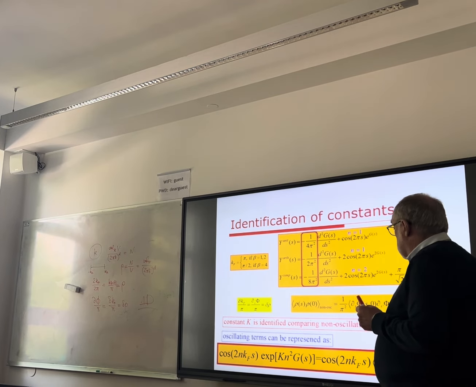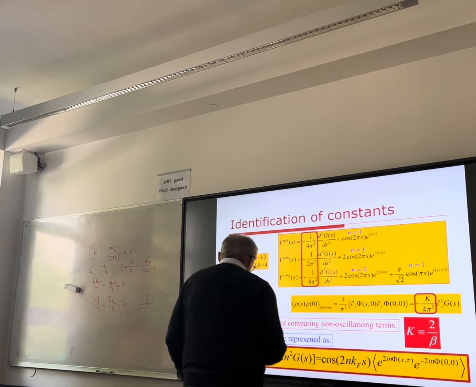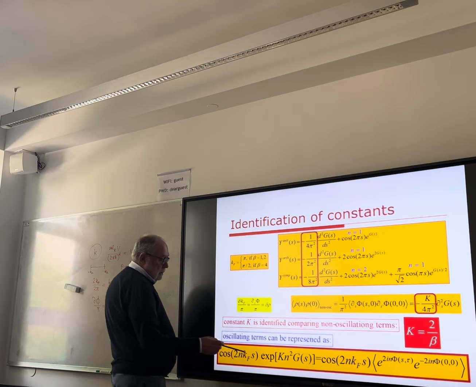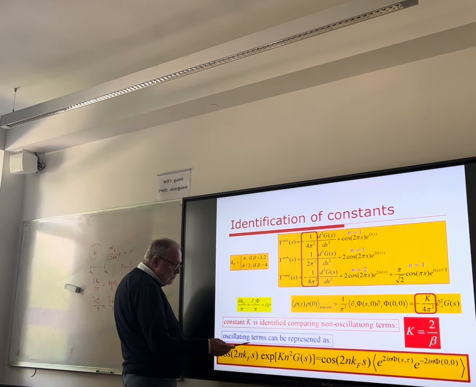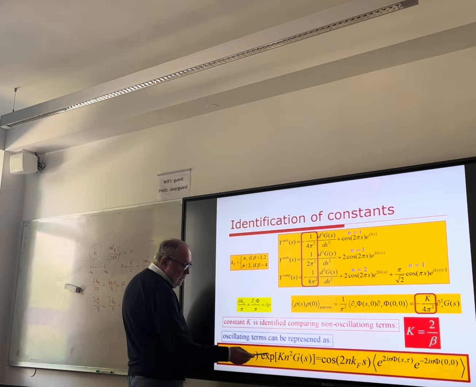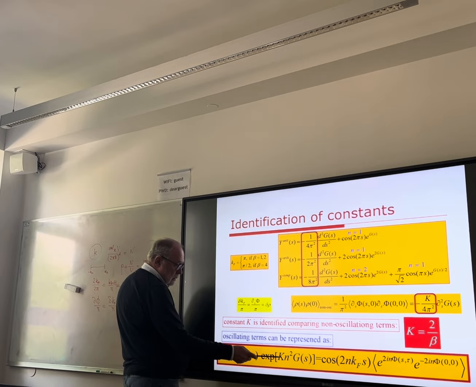And so you see what this identity says: the factor in the exponent depends first of all on K, but then it depends on the number of harmonics. So there could be first harmonic, second, and so on.